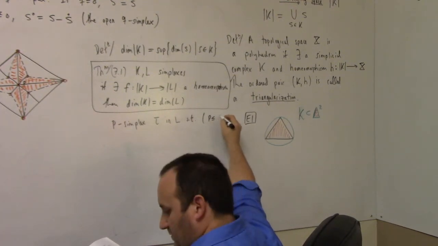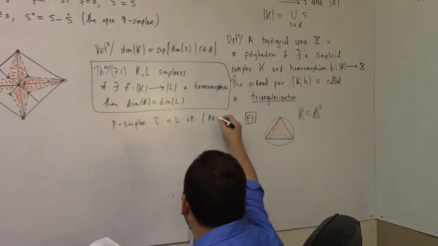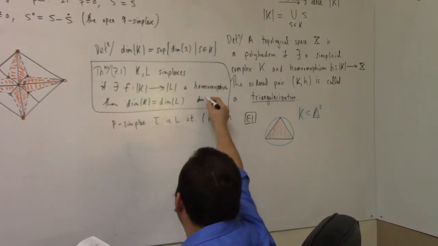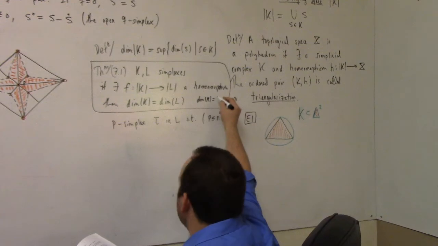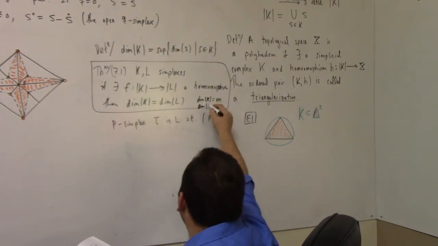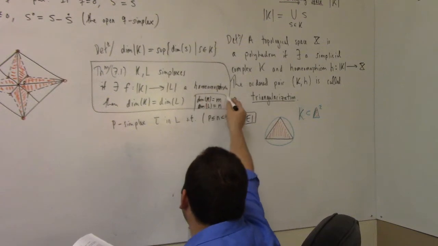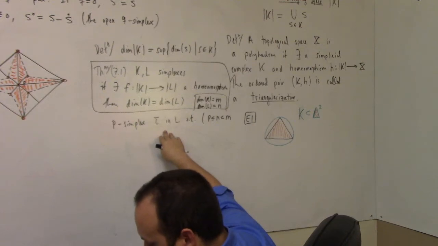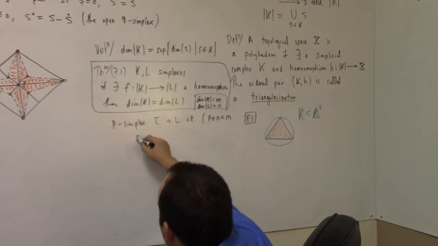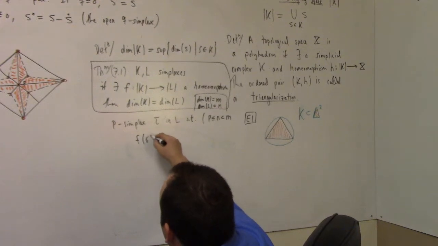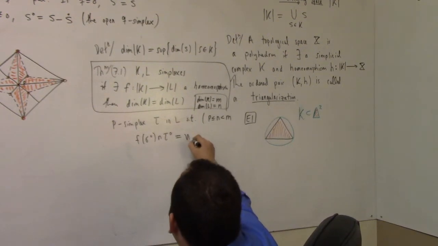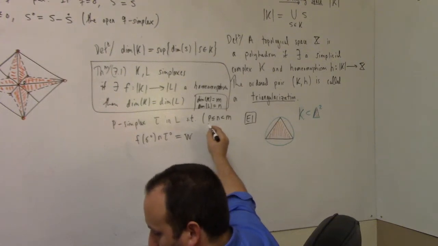P less than or equal to N less than M. We're assuming the dimension of K equals M. The dimension of L is equal to N for the contradiction we're doing right now. So you've got a P simplex tau in L, and what does he say? The image of sigma naught intersect the interior of tau is equal to W. And what's the deal with W? Non-empty open set.